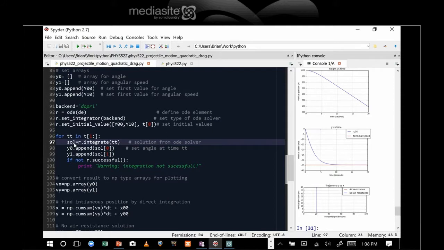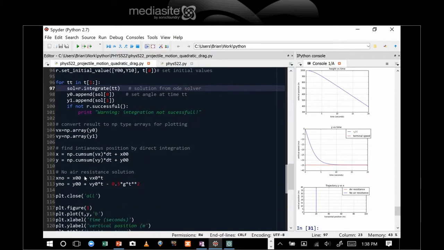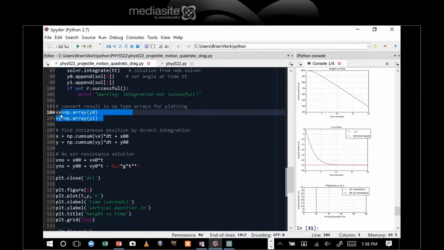So this is an array of 2 elements. Solution 0 is the x component. Solution 1 is the y component, and I append. Then I take the solutions and create them as numpy arrays vx and vy. Then I calculate x and y just by direct integration.